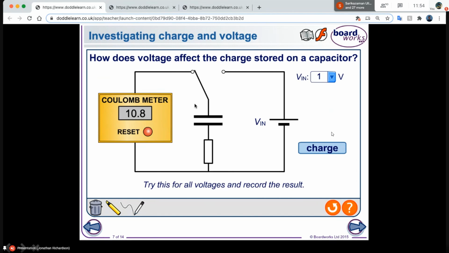So now we've got the first measurements. I will now go through and do each of these, reset the meter, charge the capacitor with 2 volts and measure. We now get 18.3.